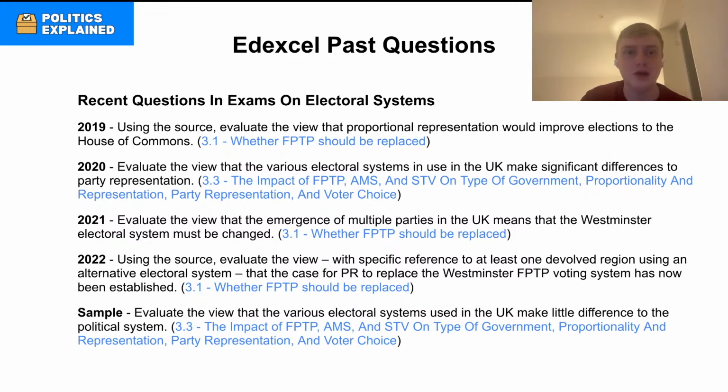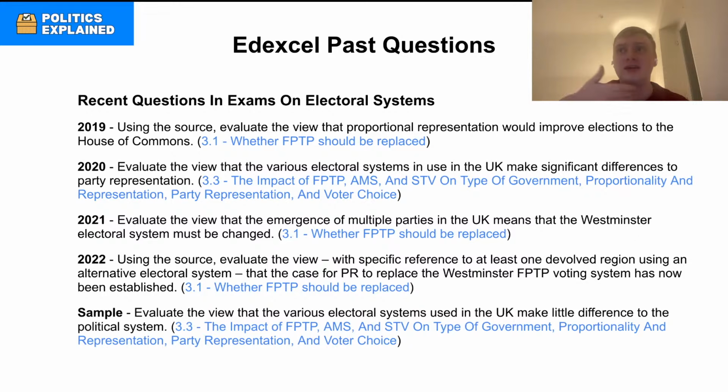Okay, a really useful thing to start off with is to look at what some of the past questions are that they've asked on this topic. In the Edexcel, we saw that there hasn't been a question on electoral systems in a while. In 2022, there's a question using the source: evaluate the view, with specific reference to at least one devolved region using an alternative electoral system.